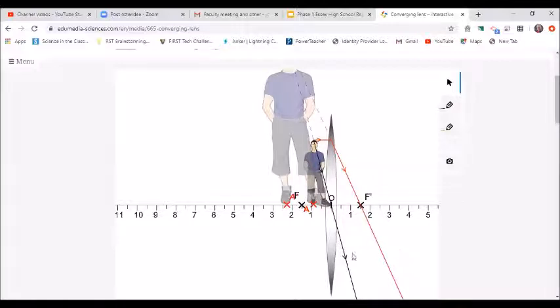But for the viewer on the other side of the lens, as they look at this light, they're going to say, hey, it looks like those two rays come from the same point that's somewhere up here. The image that we're tracing is the top of the person's head. And so the top of the person's head is right side up now and much larger. So now this is a magnifying glass.